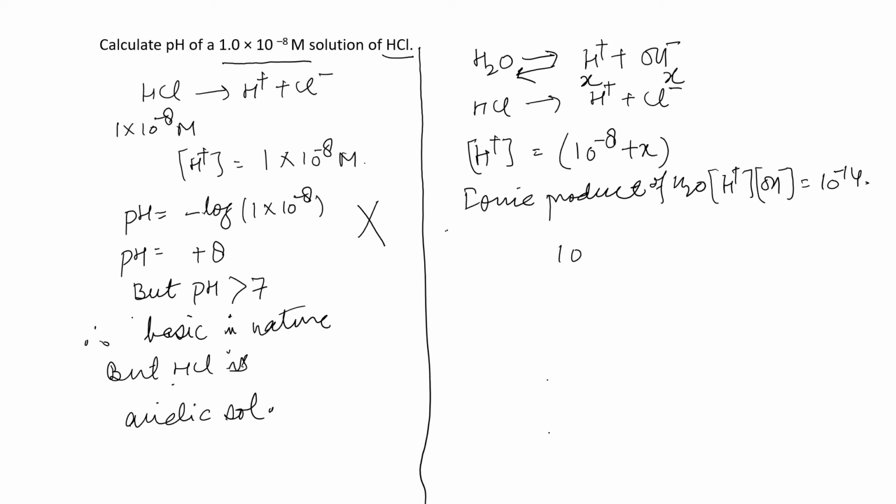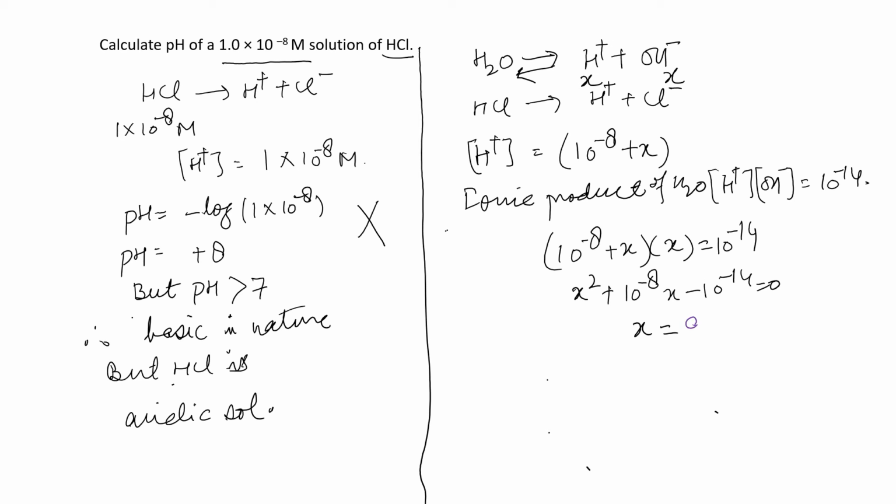So it comes out to be (10 raised to minus 8 plus x) into x equal to 10 raised to minus 14. Now it changes into the quadratic equation, x squared plus 10 raised to minus 8 x minus 10 raised to minus 14 equal to 0. And if we solve for the value of x, it comes out to be 9.5 into 10 raised to minus 8. And this is the concentration of hydroxyl ions.